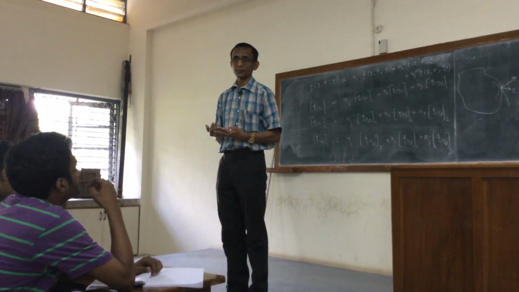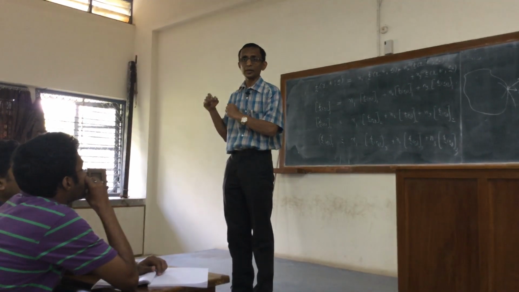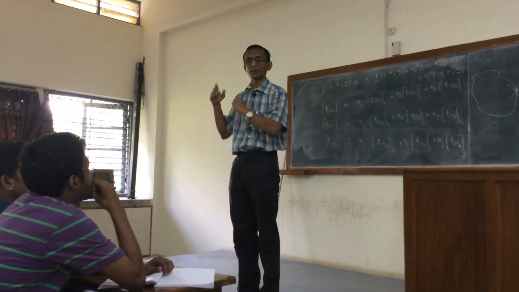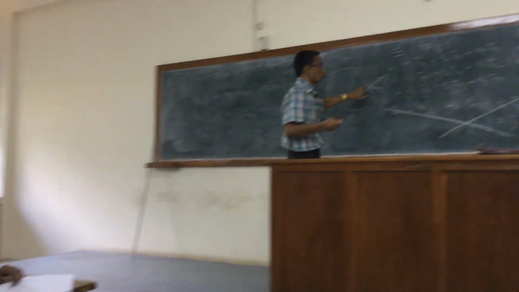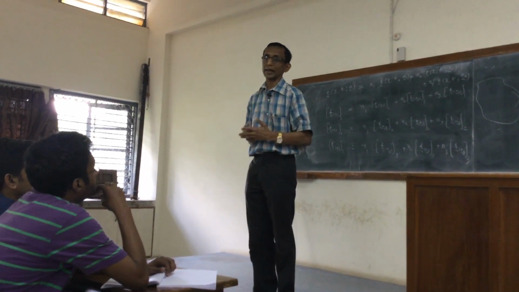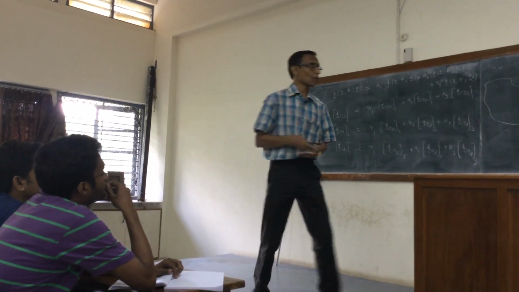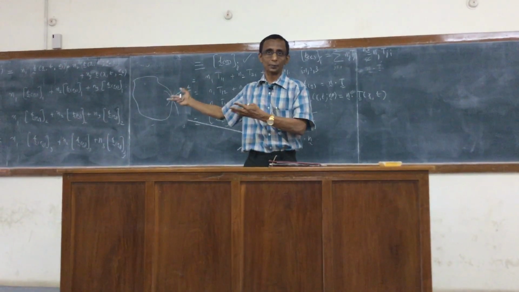Cauchy's stress theorem says that if I know the stress vectors along three mutually perpendicular directions, that means where the normal is oriented along three mutually perpendicular directions, then I know everything. Because I said n prime, n double prime, n triple prime can go on for an infinite number of normals.